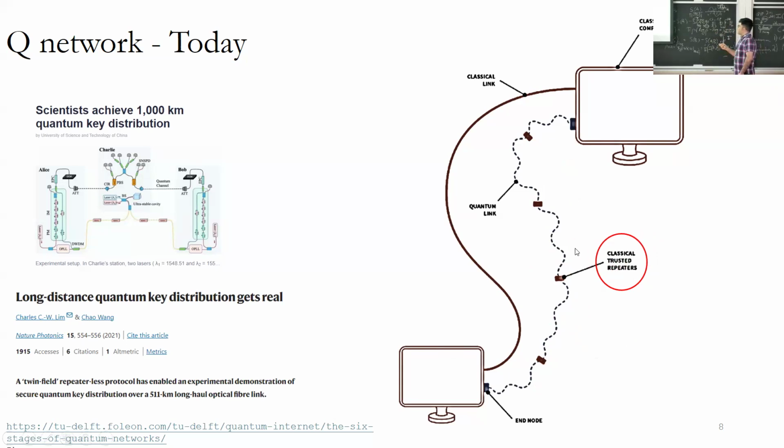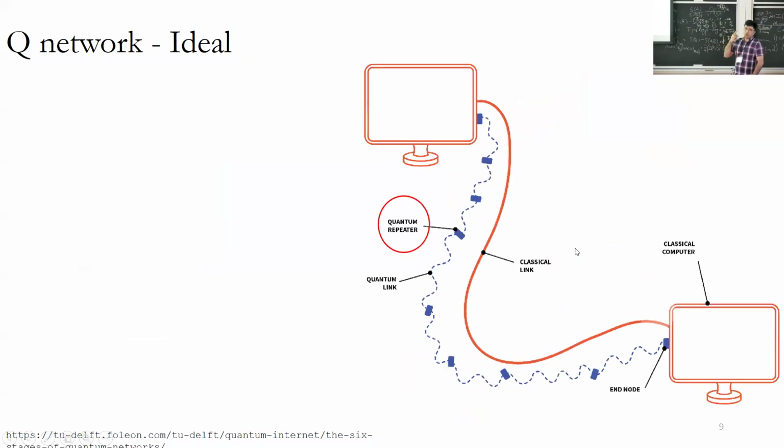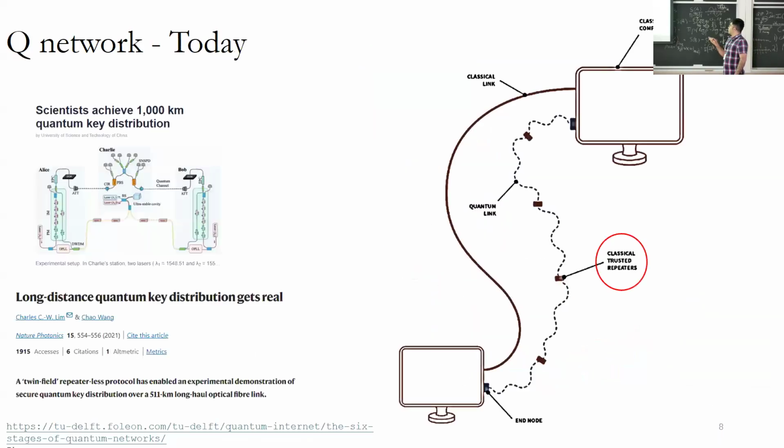The problem with that is, first of all, if you convert your information from quantum to classical, you lose a lot of quantum advantage, like channel capacity or dense coding. That's one problem. But the bigger problem is that if this trusted node is breached, you lose all of the quantum information and communication advantage. So you have to keep this node trusted.